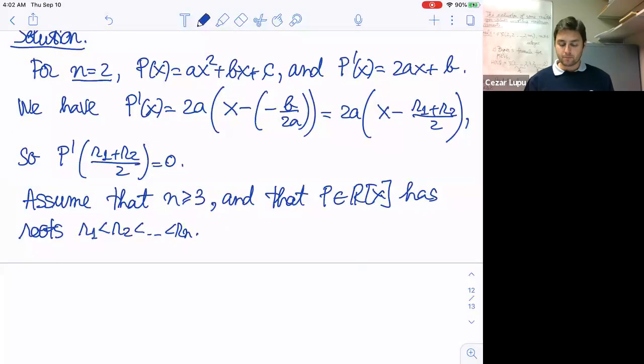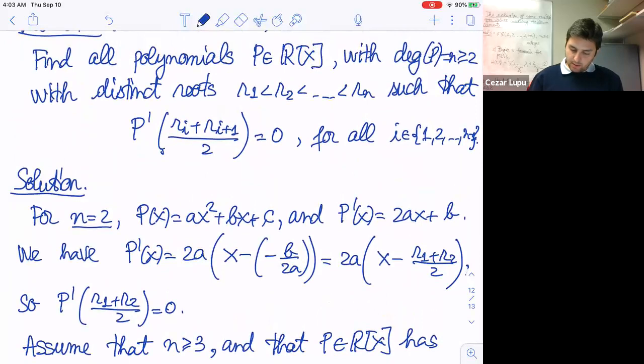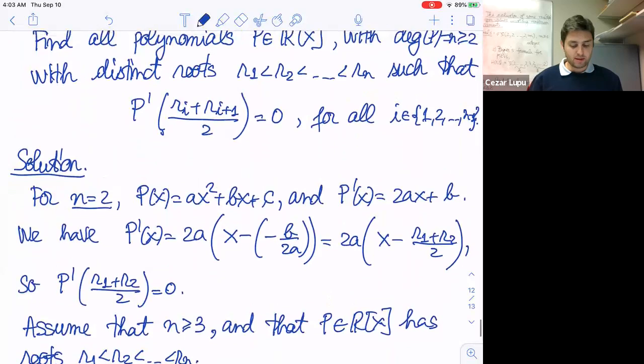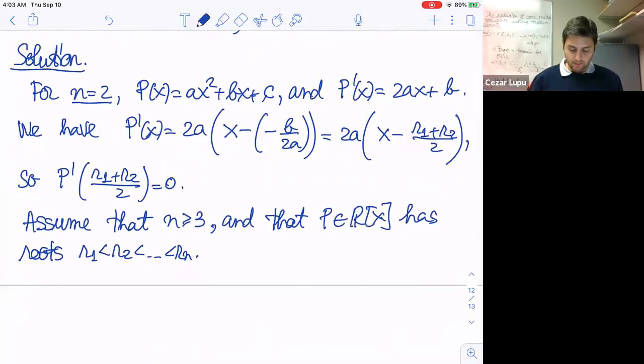All right. So we know this. And now let's see how we can explore this. So we want to show, let's look at the statement again, that for n at least 3, this doesn't happen. So we have these roots, r1 less than r2 less than rn.